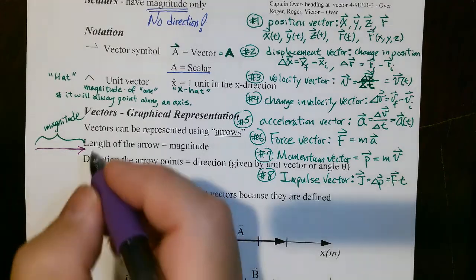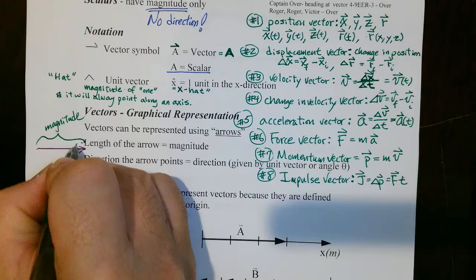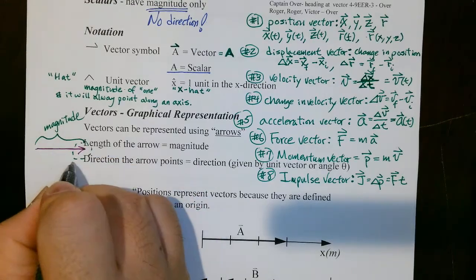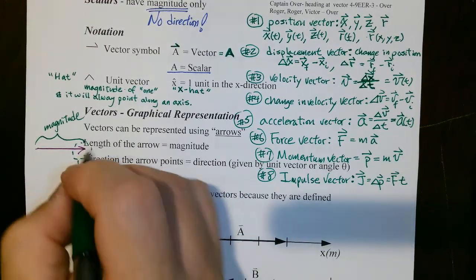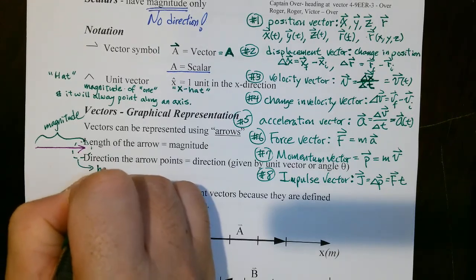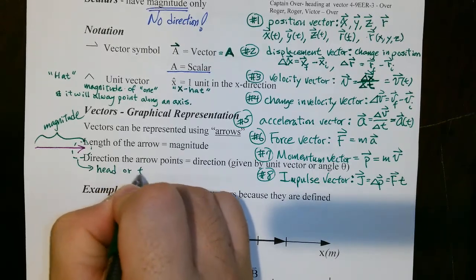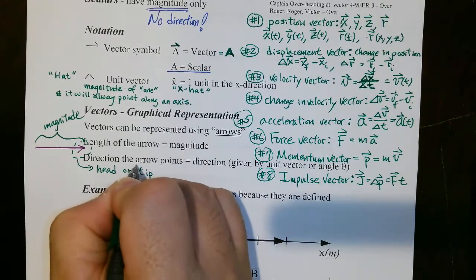Then there are two other things that are involved. Here, this arrowhead represents the direction. So we could call that head of a vector, or sometimes the tip of a vector, okay?